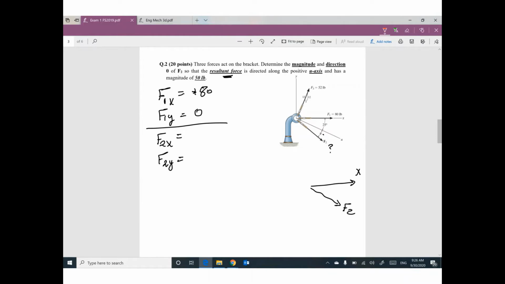No. The angle between F2 and the x-axis is 25 plus theta. So your x component will be F2 cosine of 25 plus theta. Your y component will be negative F2 sine of 25 plus theta. Do you agree? I think so. You should agree with me.